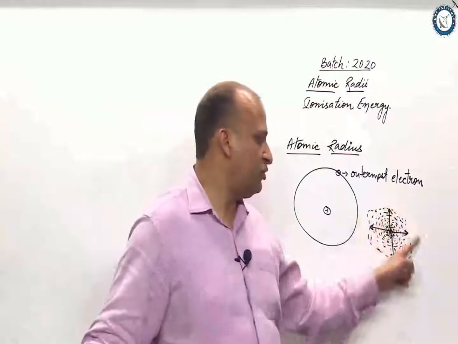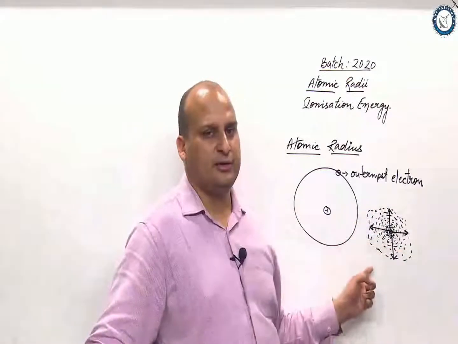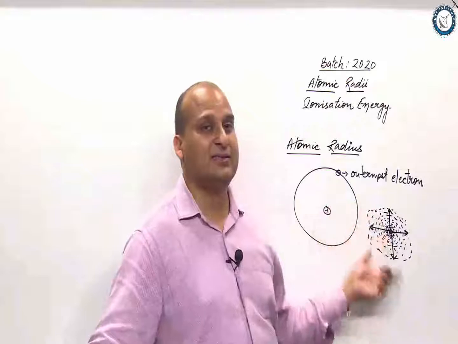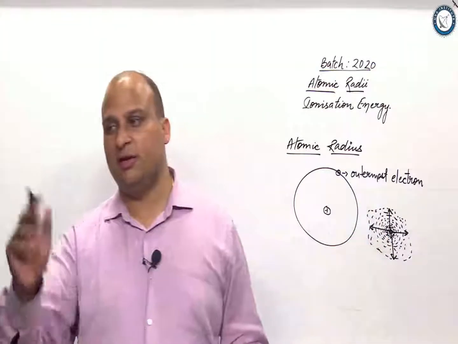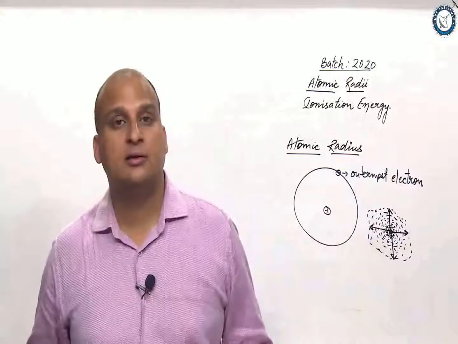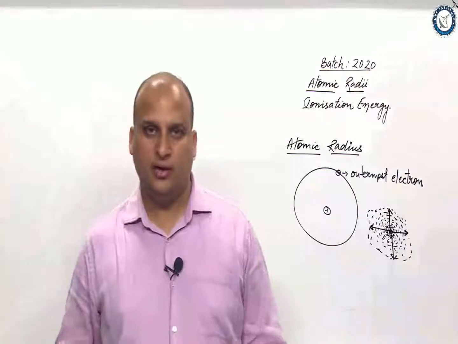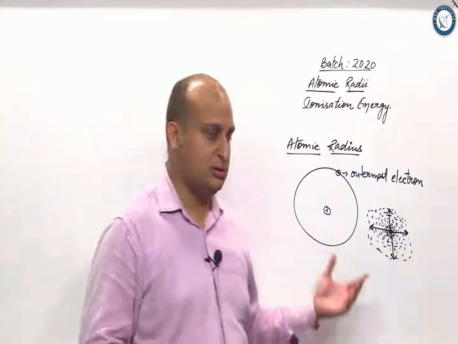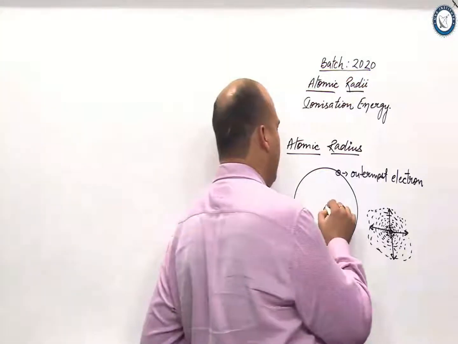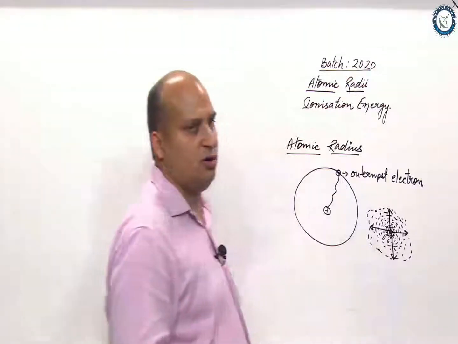Exactly. All the electrons over here are moving, they are not fixed, so it is not possible for you to measure the exact radius. That is why many of the centers have used the word average distance, and that is the correct word. So average distance between the nucleus and the outermost electron.